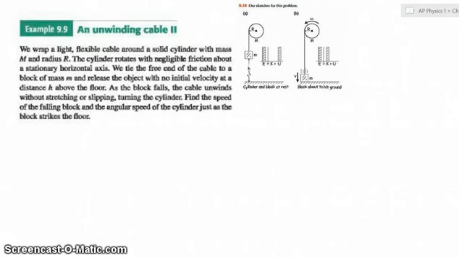Because we said before the only force acting on the system is conservative, we know that the energy is conserved. And initially, the only energy we have is gravitational potential energy. So we've got mass times gravity times height.